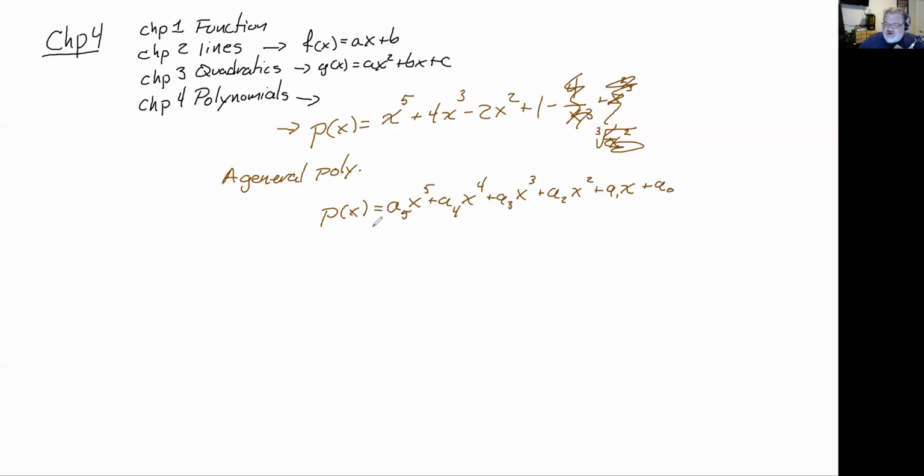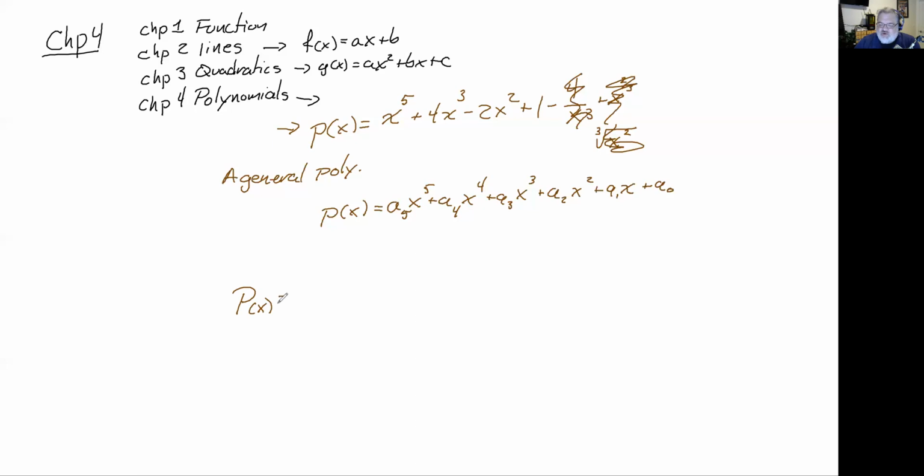Now, this is for a general polynomial with an x to the fifth. When you try to go a little further and write out what a completely general polynomial looks like, it can look even a little bit more strange.